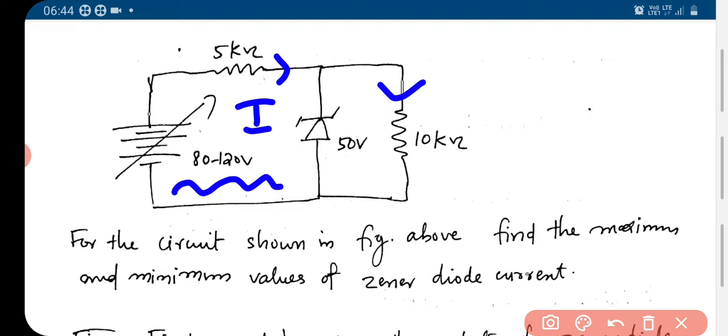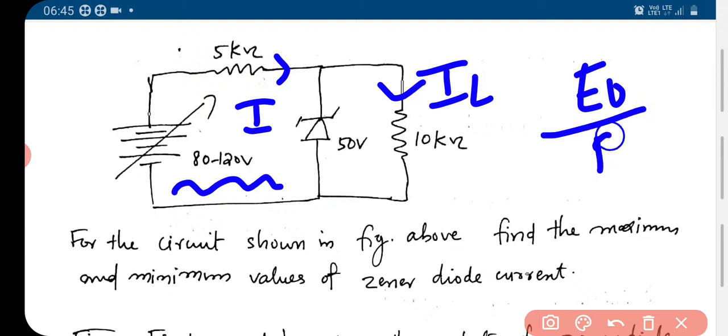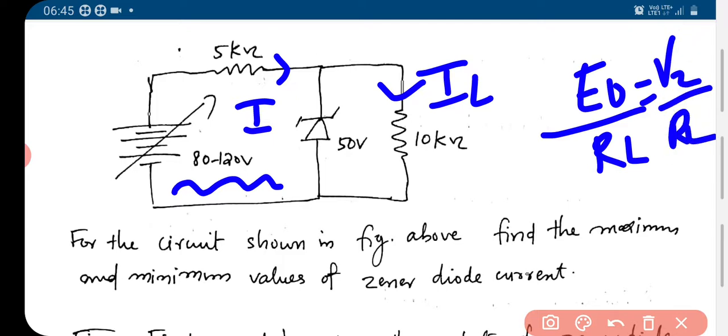If the Zener is in the on state, the load current I_L remains constant. Load current is given by E0 by R_L, which is also given by V_Z by R_L. So the load current remains constant when the Zener is in the on state.